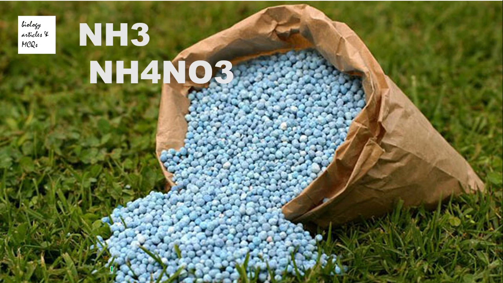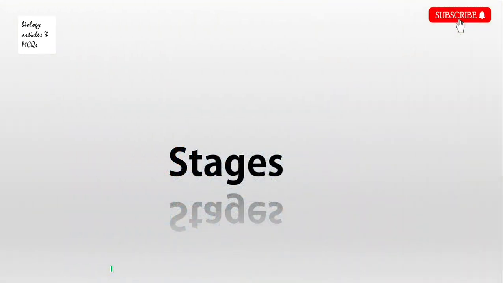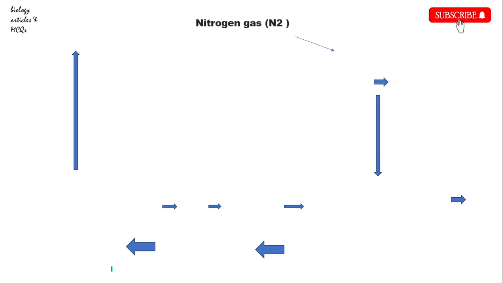So now we will discuss the different stages through which nitrogen has to pass during the nitrogen cycle. Starting our main topic, the nitrogen cycle. First of all, there is a huge pool of nitrogen gas present in the atmosphere.